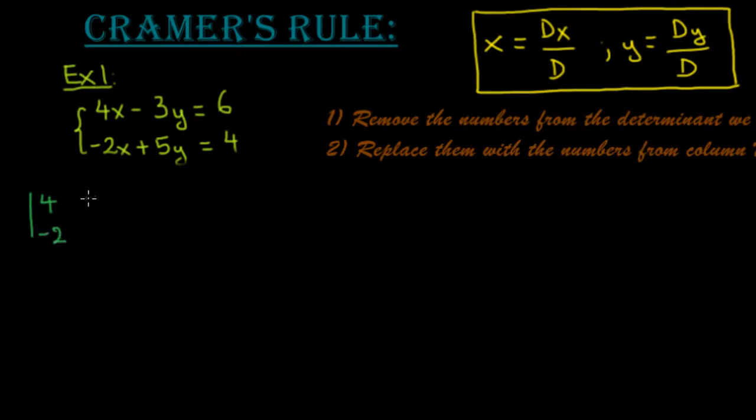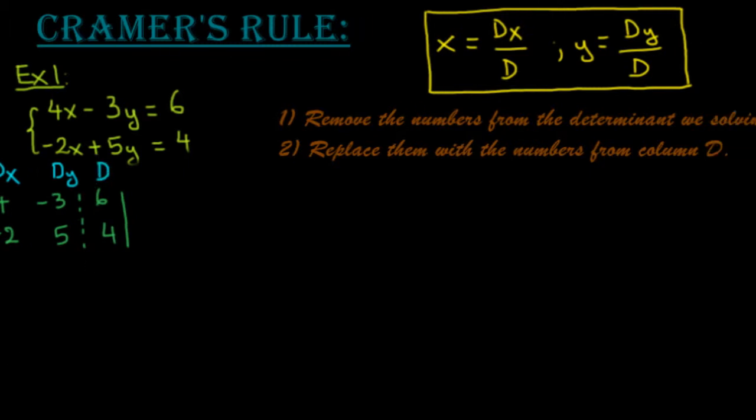So you have 4, -2, -3, 5, and then we have 6, 4, which comes straight from the system. Then the first column, we get this from x, so I call this one dx. The second column comes from y, so I call it dy. And the last one comes from the constant, which I call column D.